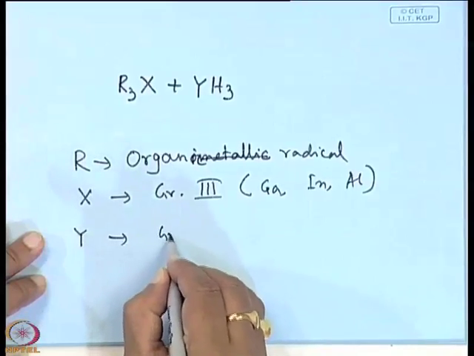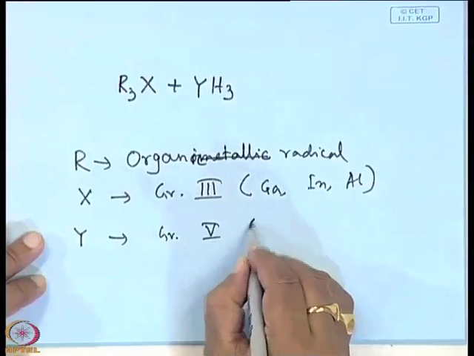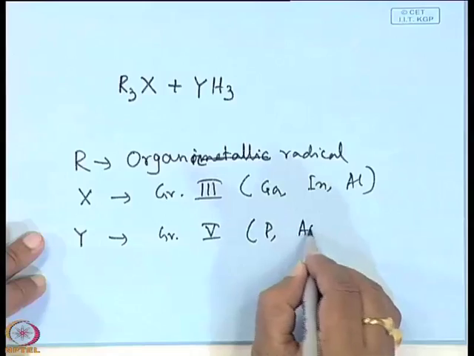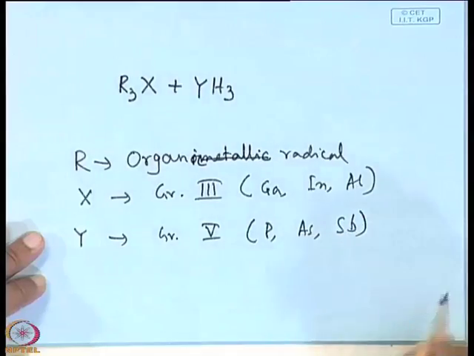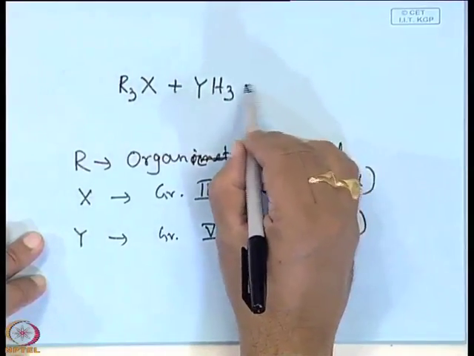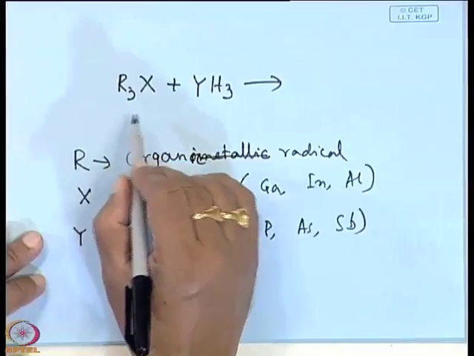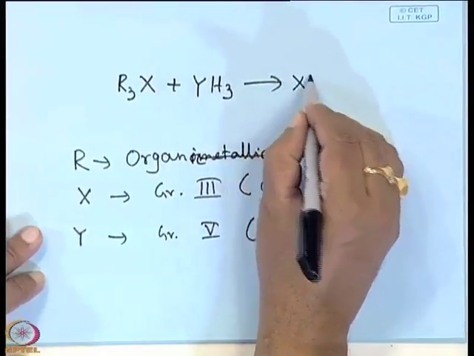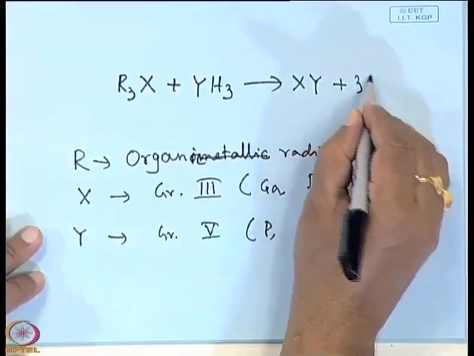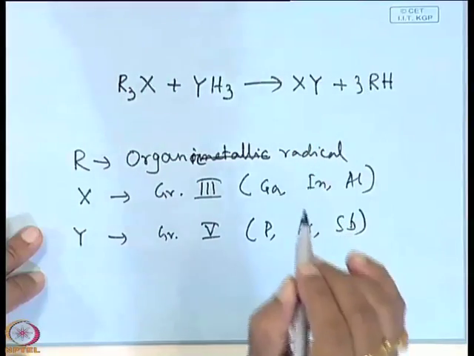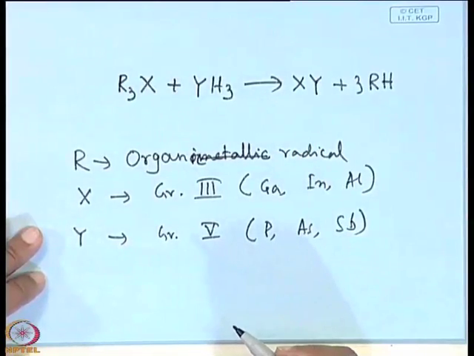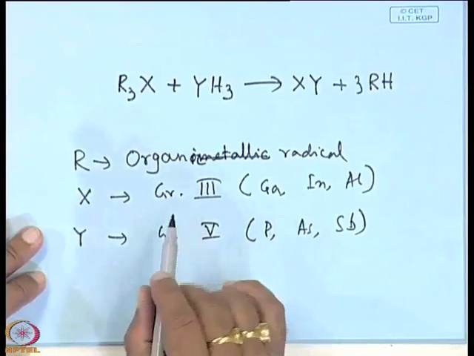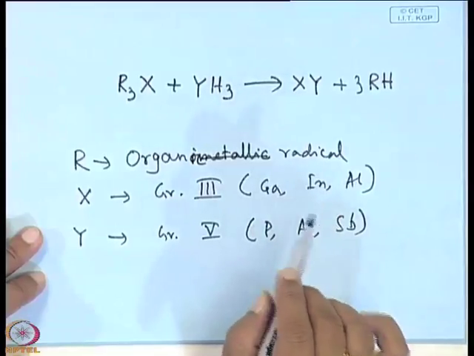Y is a group 5 element, that means phosphorus, arsenic, antimony, etc. So, if this is the case, the reaction will give you XY plus 3RH. So, that is the organometallics.